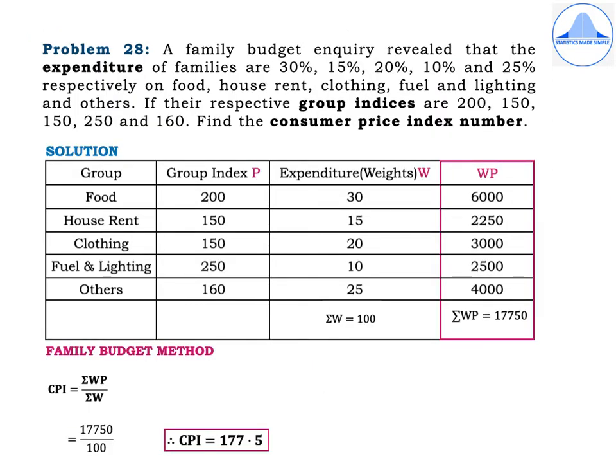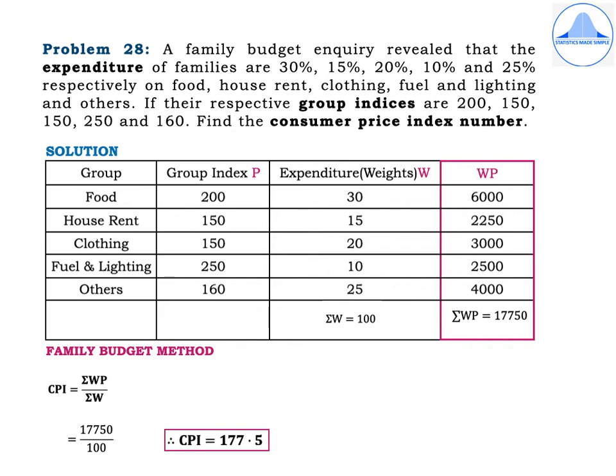Problem 28. A family budget enquiry revealed that the expenditure of families are 30%, 15%, 20%, 10%, and 25% respectively on food, house rent, clothing, fuel and lighting, and others. If their respective group indices are 200, 150, 150, 250, and 160, find the consumer price index number.